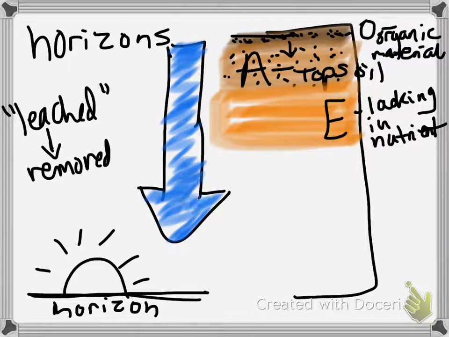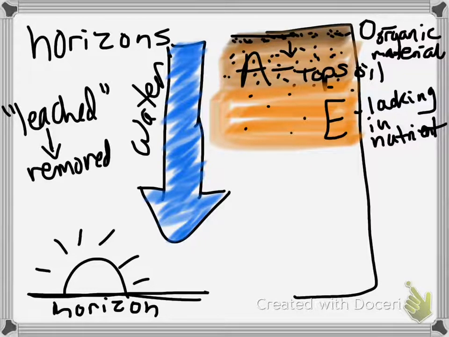And as it does that, it catches and carries with it the nutrients. So this is water taking nutrients with it. It takes the nutrients from the organic material, brings it down into that topsoil, which is a good thing. But some of those nutrients that have seeped down into your E layer aren't going to be able to reside there because you're not getting enough refill from organic material at the E layer.